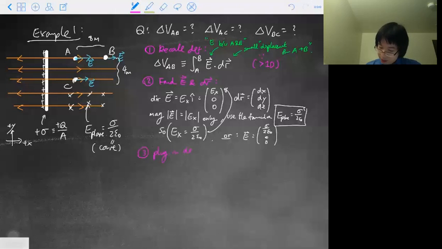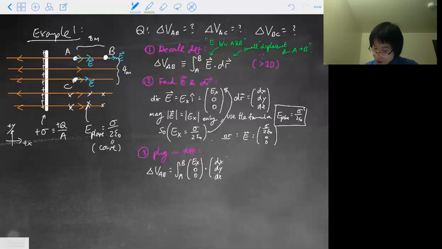All right, so delta VAB, here's the math part. You go from A to B, and it's Ex, 0, 0 dot dx, dy, dz. With what I taught you about dot products, you multiply the top row, plus the next row, which is 0 times dy, plus the next row, which is 0 times dz, and add them all together.